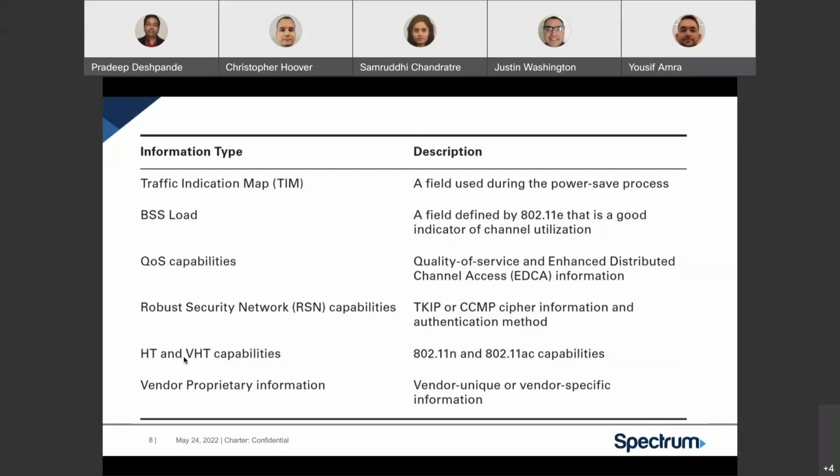The high throughput and very high throughput capabilities. So 802.11n and AC capabilities will also be sent through the beacon frames. Then vendor proprietary information, vendor unique identifier, specific information. If the access point is using a Broadcom chipset or a Qualcomm chipset, the client devices might have different methods of connecting, right?